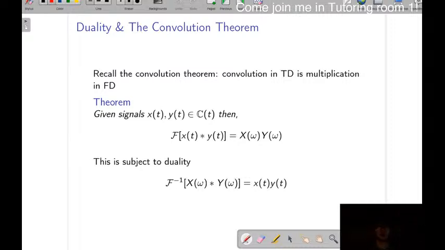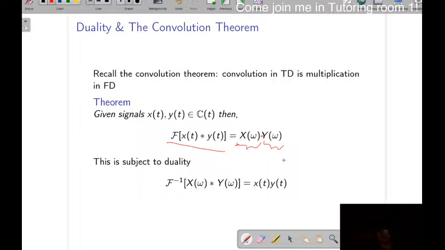Like I went over, the link between the time domain representation of signals and the frequency domain one is the convolution theorem. If we take the Fourier transform of the convolution of two signals, we get the multiplication of our input and the other function.